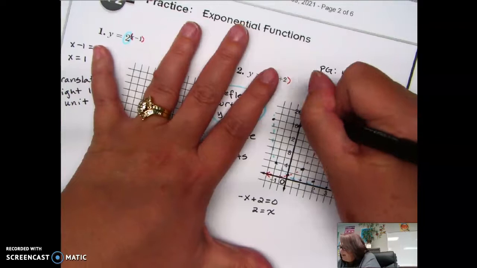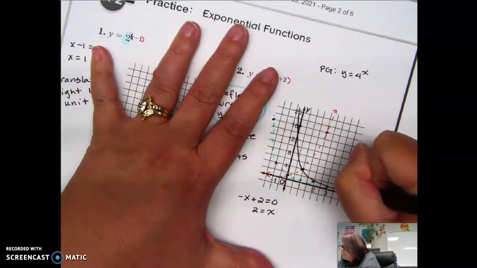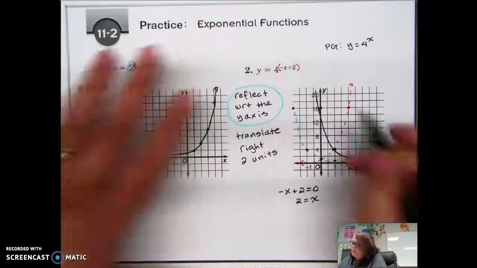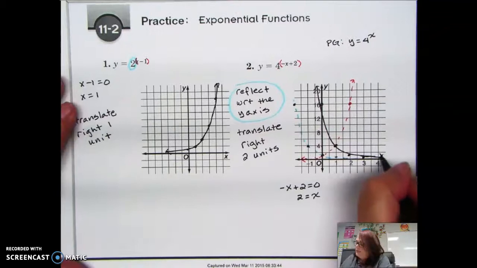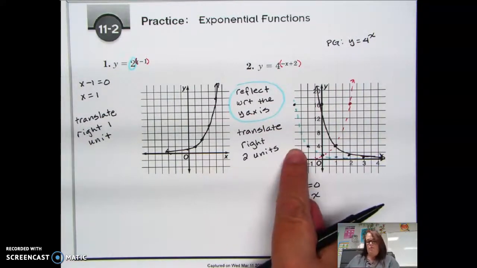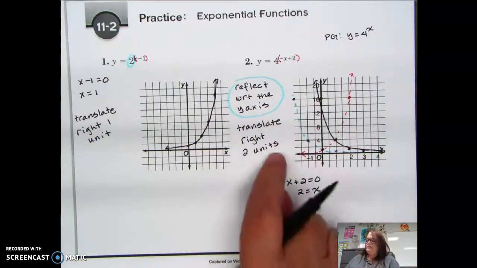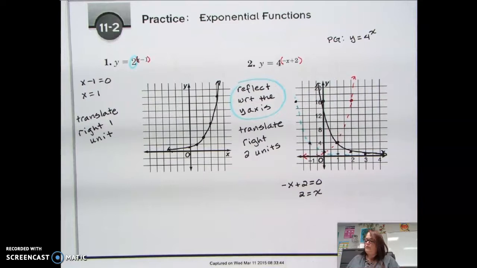And so my new final graph would look something like this. And remember, when you miss, you just make the point a little bigger, right? And so you'll notice that we went from increasing to decreasing because we reflected across the y-axis. And so not only did we reflect it, but we reflected it and then translated it to the right 2 units, being very aware of how they marked the units in our graph.